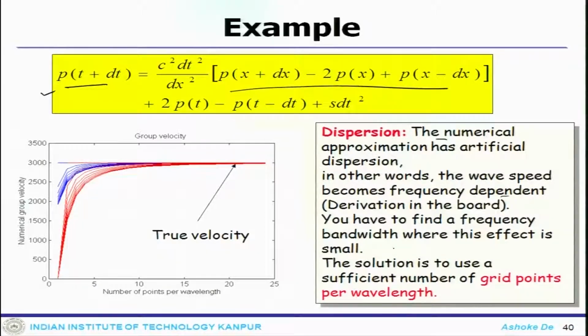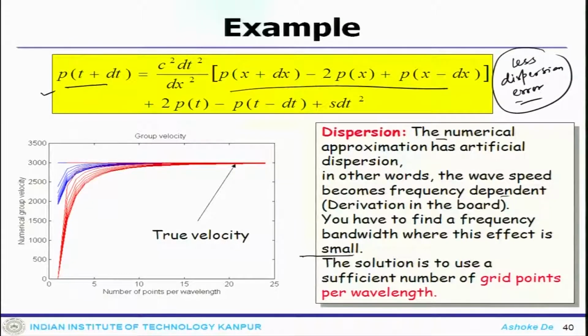So, your solution also needs to have less dispersion error, and that means on one hand you must have a stable solution, which will have a criterion on bandwidth, and on the other hand you have a less dispersive solution.